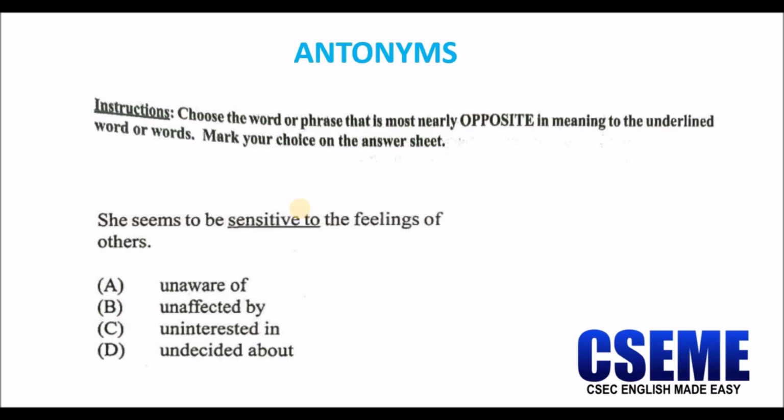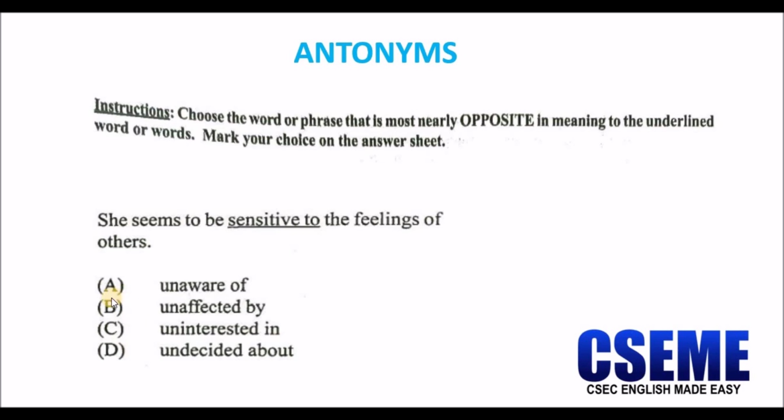So sensitive to means that she is aware of what others are feeling. She might be affected. So let's see which one is most nearly opposite. So A, unaware of. B, unaffected by. C, uninterested in. And D, undecided about.